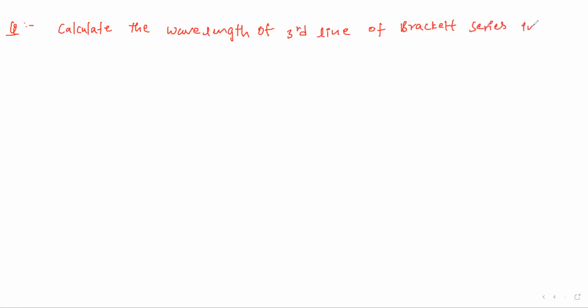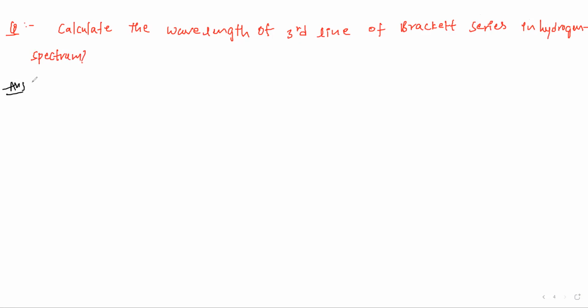Calculate the wavelength of the third line of Brackett series in hydrogen spectrum. Simple.